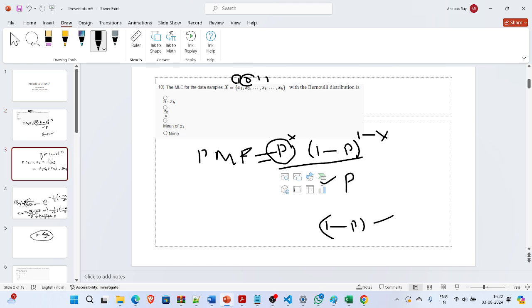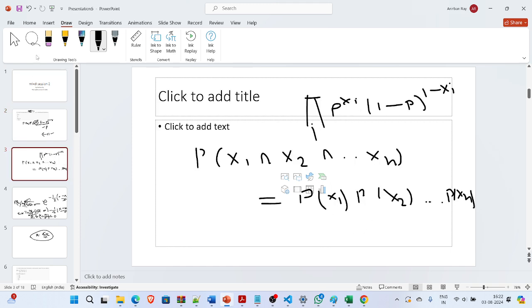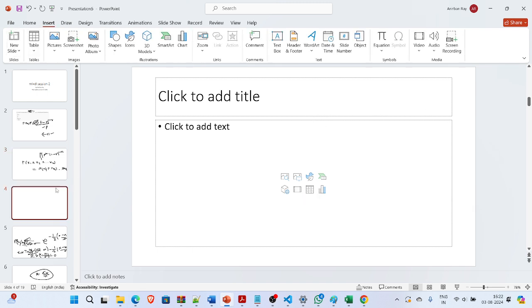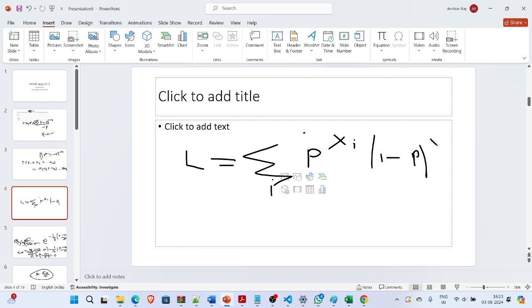So next, what we're going to do is insert another slide. So MLE in our case represented by L, suppose. So that is going to be product over i of p to the power xi, 1 minus p to the power 1 minus xi.